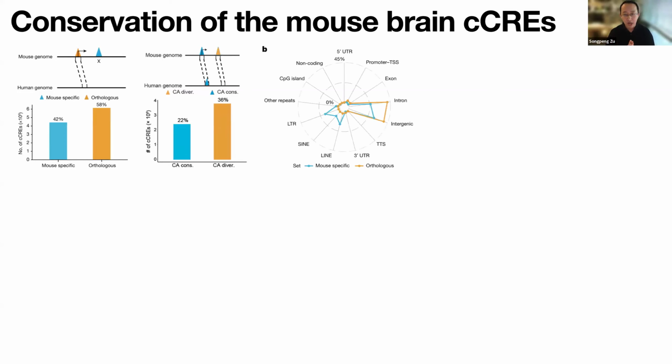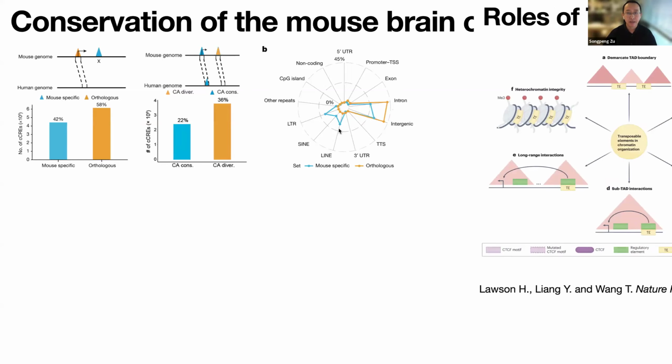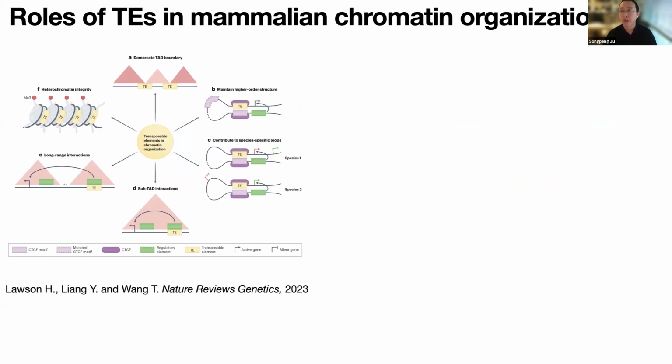When we check the ratio of conservation in our data, we noted that a large group of species-specific cis-regulatory elements are actually located in transposable element regions. For the transposable element, I want to introduce a little background. They are actually mobile sequences in our genome.